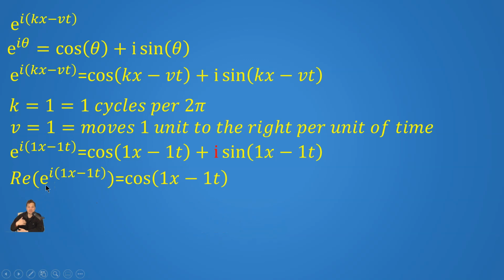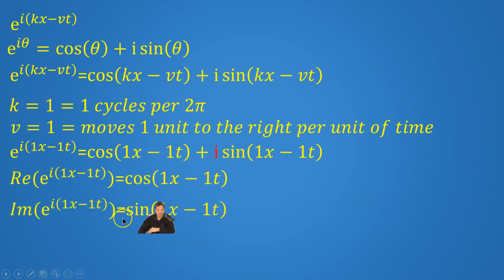What that says in simple English is just take the real part out and separate it. So the real part is cosine 1x minus 1t. And then you can imagine doing this with the imaginary part. When I do that, the imaginary part of e to the i 1x minus 1t is just the sine 1x minus 1t.